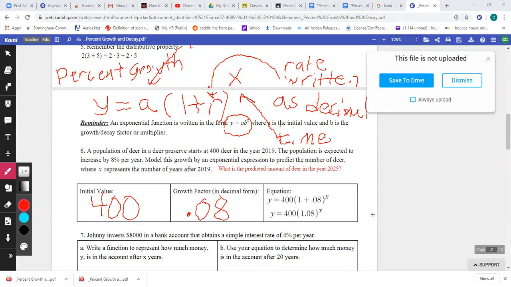I'm going to put it into the chat. It's 400 times 1.08, and there's a button that looks like this, x to the y power. Then you press 6, and then you press equals. So everyone go ahead and try that and see if you get the same answer that I do. If you have a regular calculator, you just use the regular caret button.